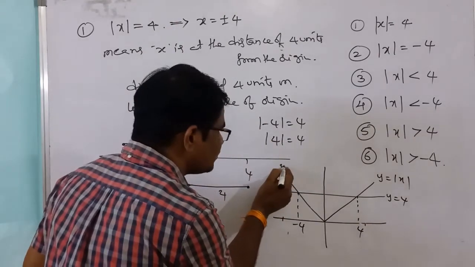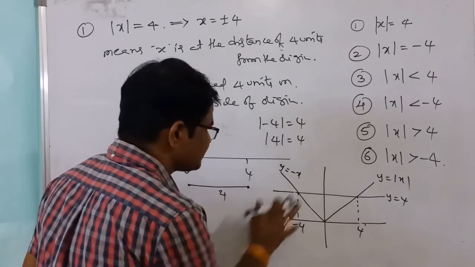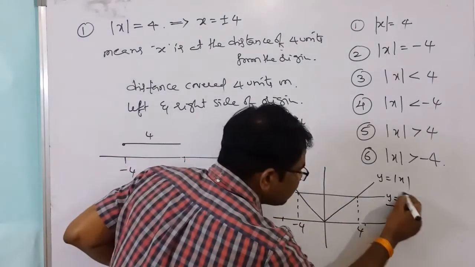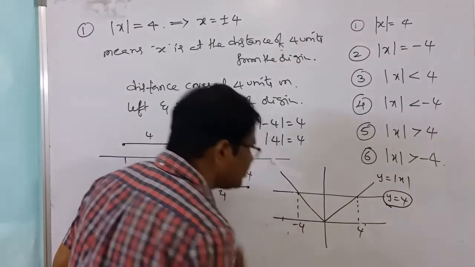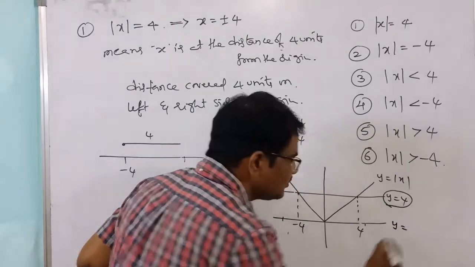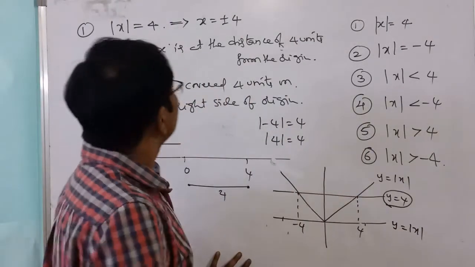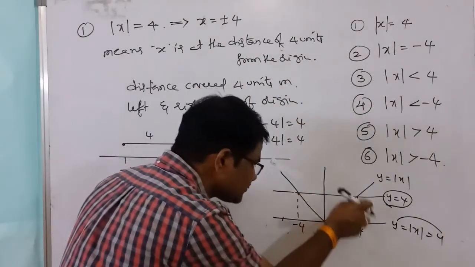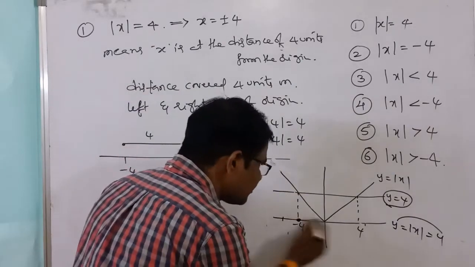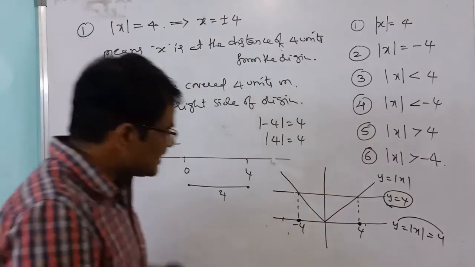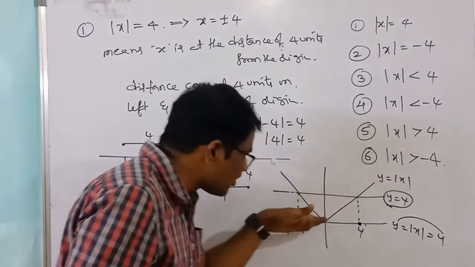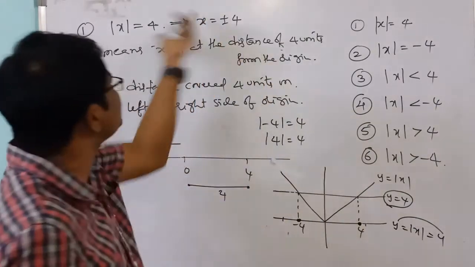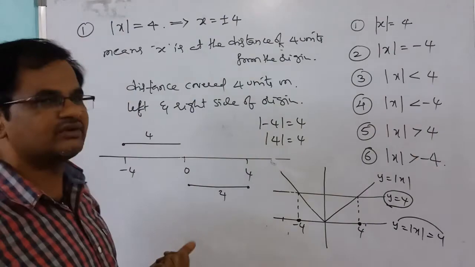Here y equal to 4 is intersecting the graph y equal to mod x, which means the x values are minus 4 and plus 4. This line intersects mod x at 2 points, minus 4 and plus 4. So minus 4 comma plus 4 are the solutions of the equation. Like this also you can identify, right?